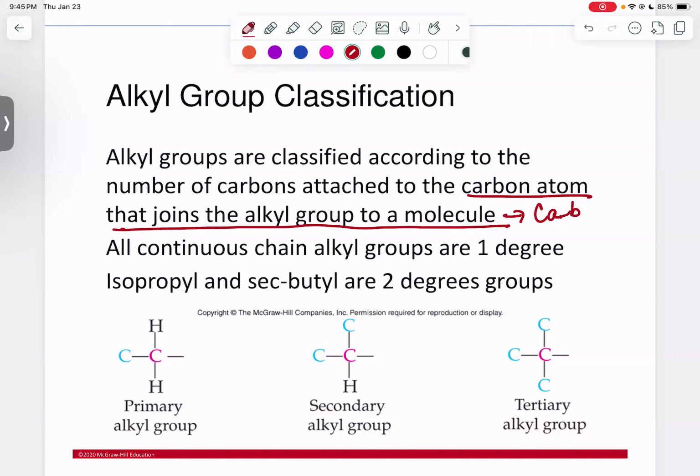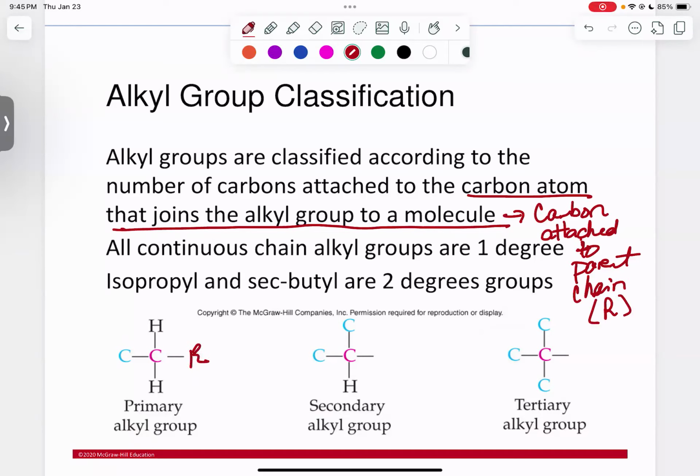So this is the carbon attached to the parent chain, right? And we said that parent chain, we're just doing as R. So here's the rest of the molecule. This is the parent. So my pink carbon right here, this is my carbon that's attached to the parent group.